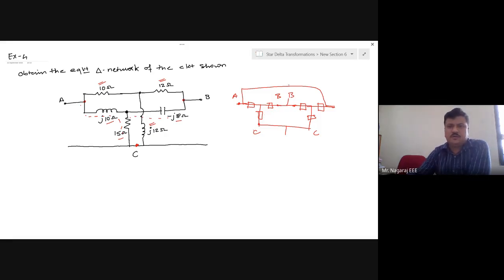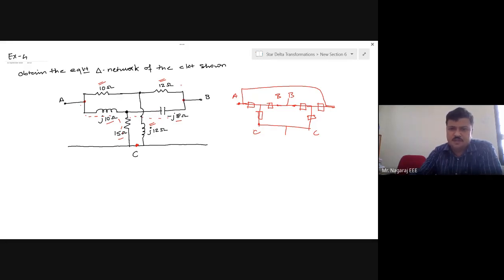Now I need to find out the delta equivalent of this. So I will take the delta equivalent of one star, and the delta equivalent of the other star network. Then there will be two delta networks connected in parallel, which is very easy for me to solve.